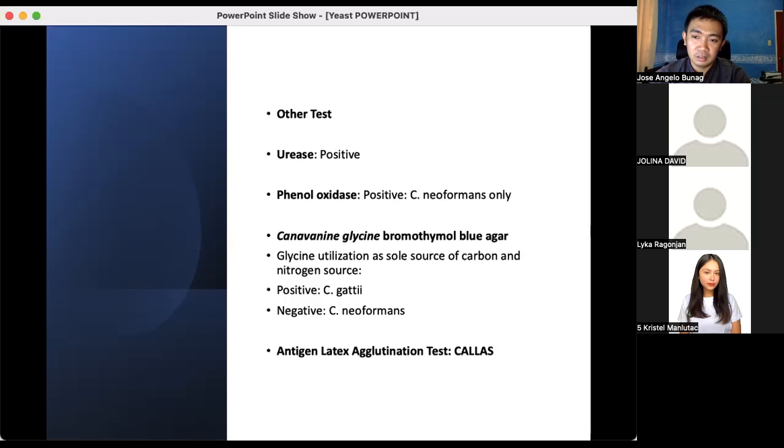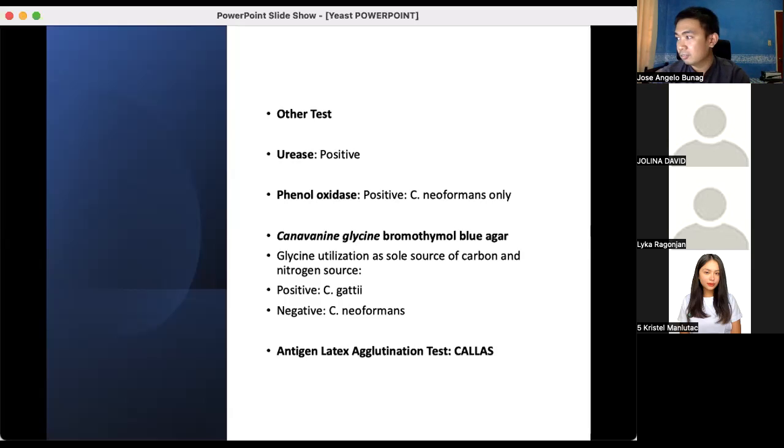And another, we could also use your canavanine glycine bromthymol. Yung canavanine glycine bromthymol, ginagamit naman siya mga classmates to differentiate between your Cryptococcus neoformans and your Cryptococcus gattii.